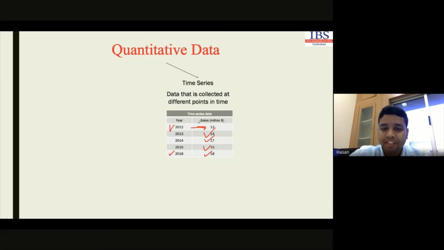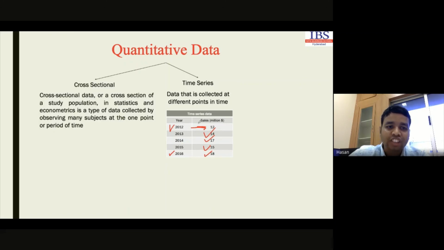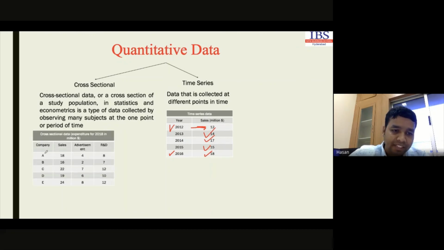Next one is cross-sectional data. If we gather data at a particular point of time over multiple heads, this is cross-sectional data. You can observe the examples here. We have a company A. For company A, we gather the data for sales, advertisement, and R&D.